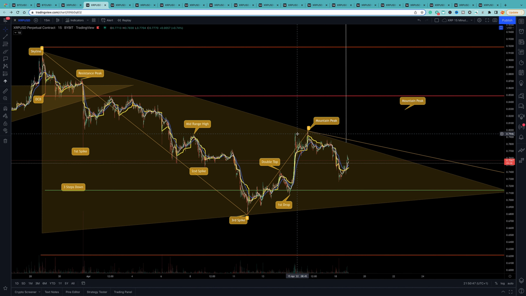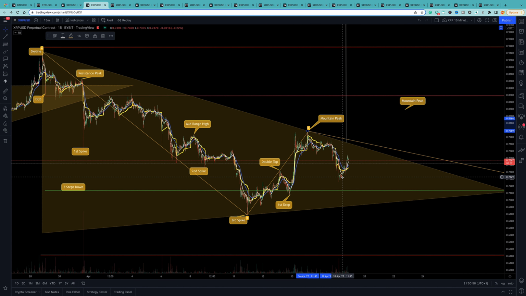So this lift here could be a double top, and we've got a smaller Mountain Peak, and then this could be Mountain Peak, or this could be double top. We're coming for a retrace. Rather than this being first drop, this is first drop, and we're coming up for Mountain Peak.